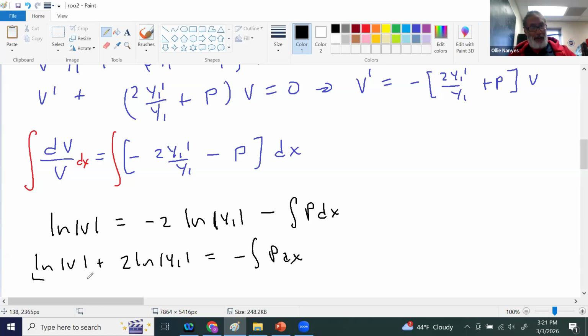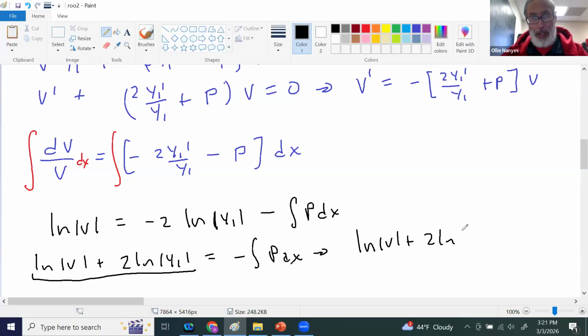And now this part here, remember that log of a plus log of b is log of a times b. Let's go ahead and do one more step. This is log of v plus 2 log of y1 squared. Let's get rid of that too. That's what I did, I brought this in.